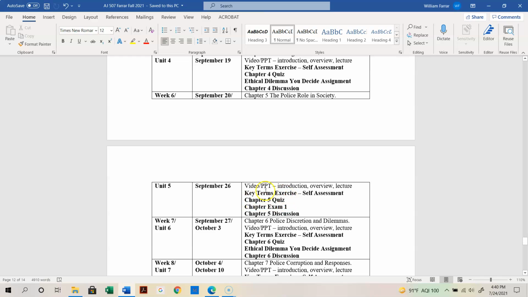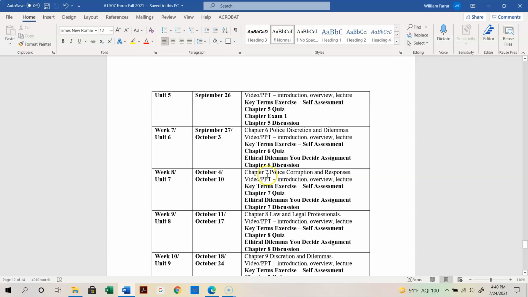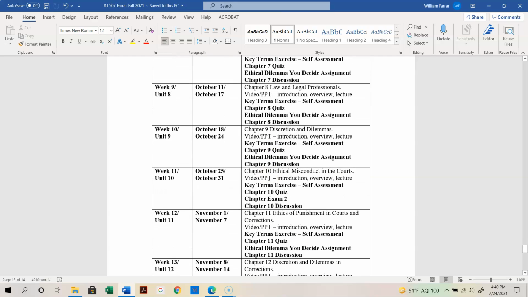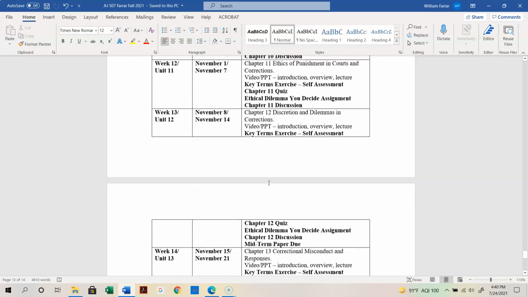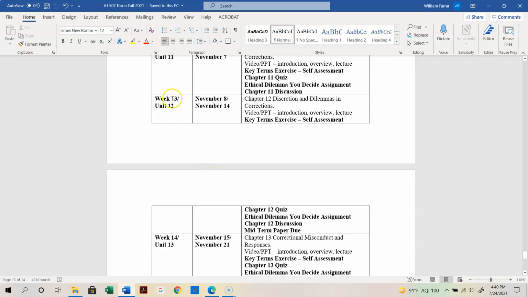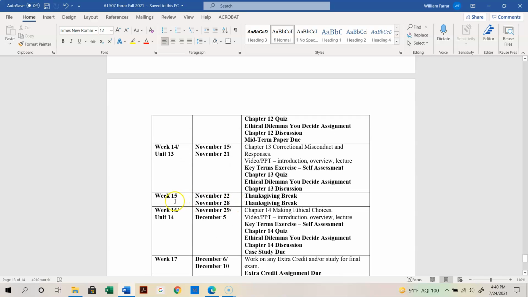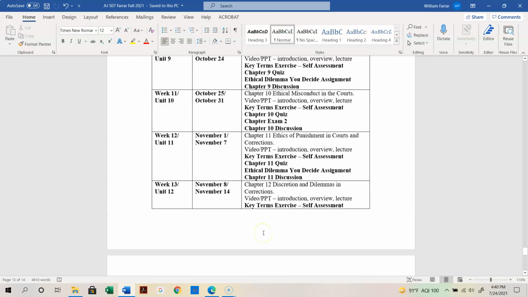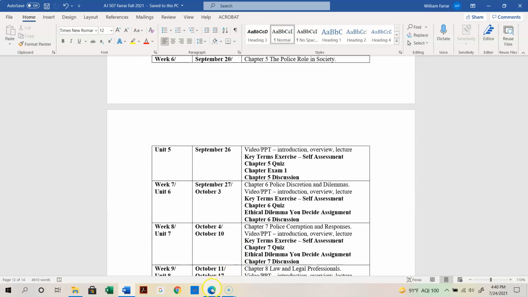Again, make sure you do your quiz first. Okay? So hopefully that helps. And again, they all look the same. There's due dates listed in here. As we go further down here, you'll see that during week 13, your midterm paper is due. Week 16, your case study is due. Week 17, your extra credit assignment is due. So hopefully that kind of helps you.